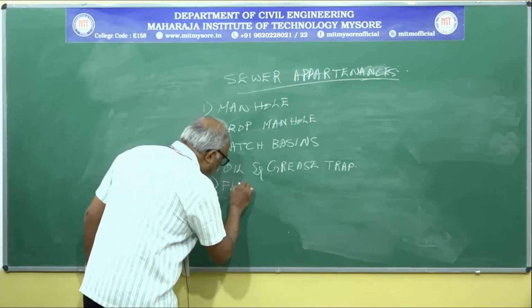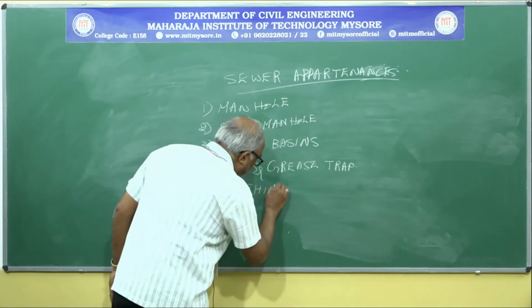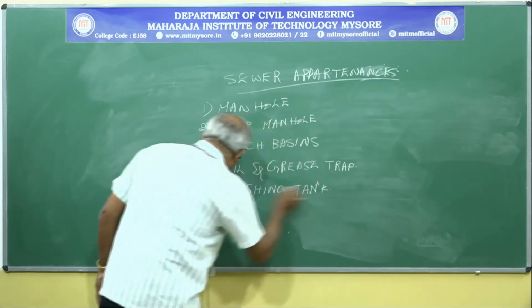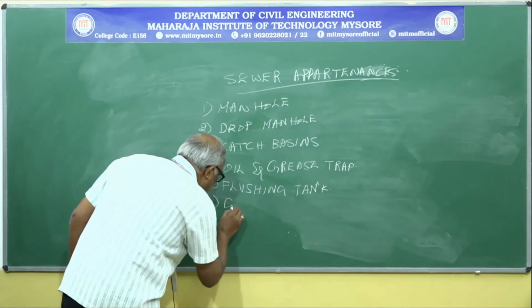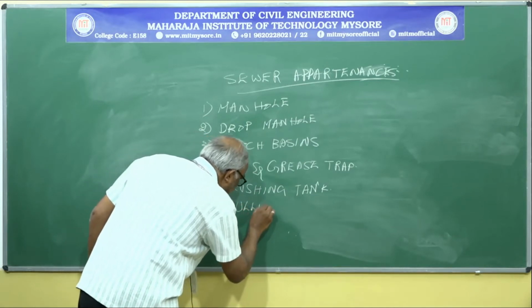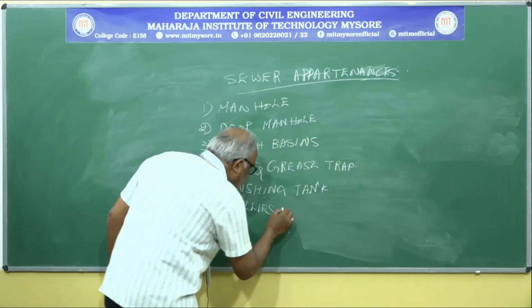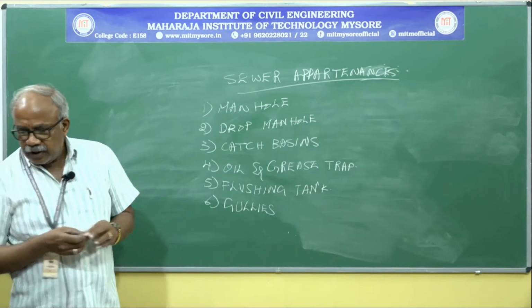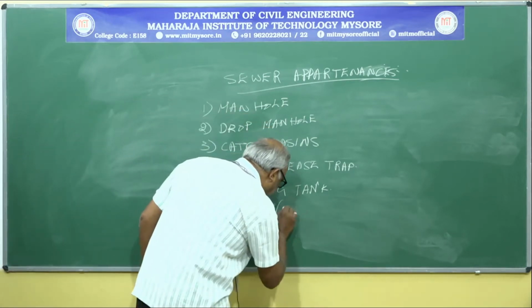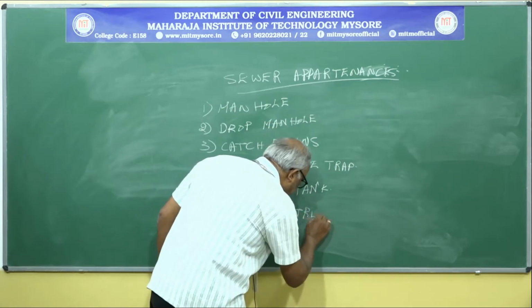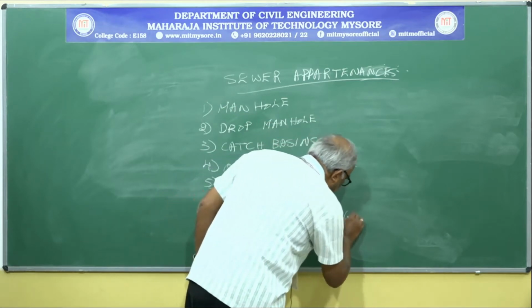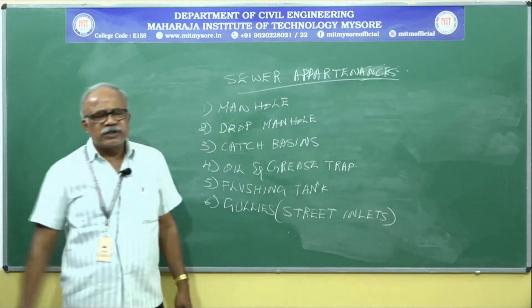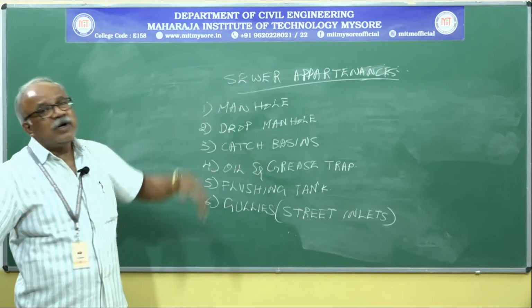Next, flushing tank. Next, gullies. Gullies are street inlets. These are all the structures we are going to cover under sewer appurtenances.